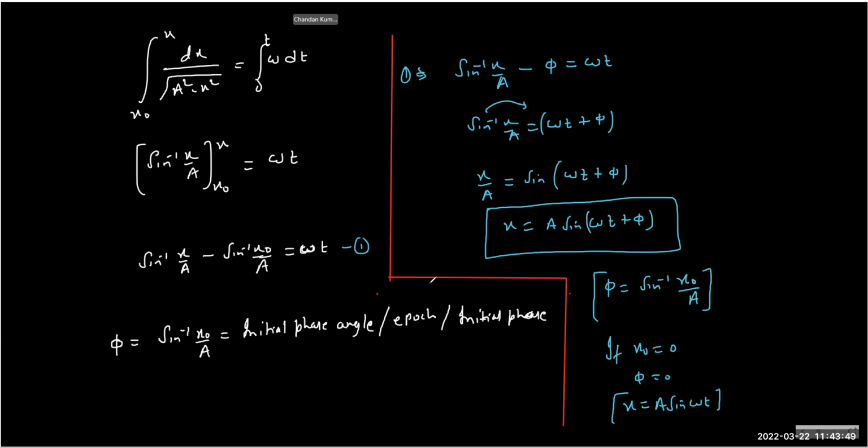So what you call phi symbolically represents this value, and this is very important to remember. Is this clear? So only when you start from the origin, then x will take a formula like this.